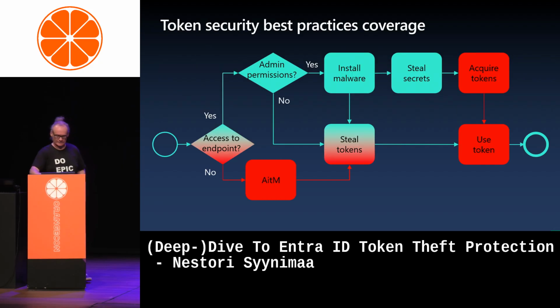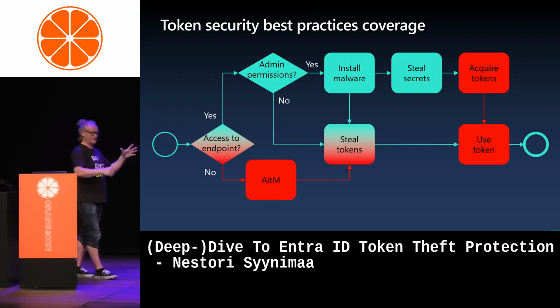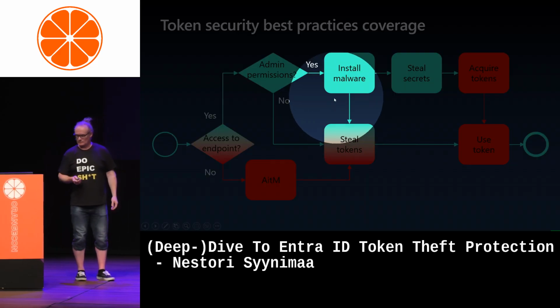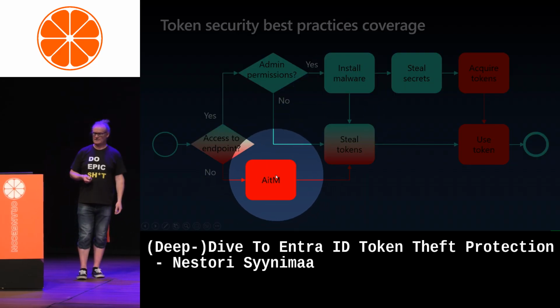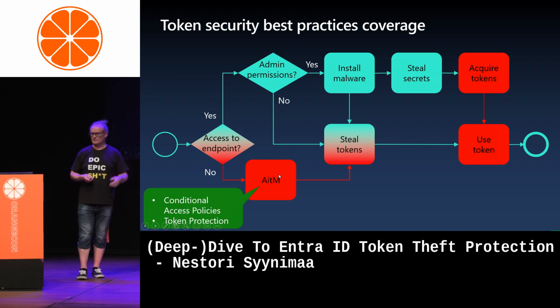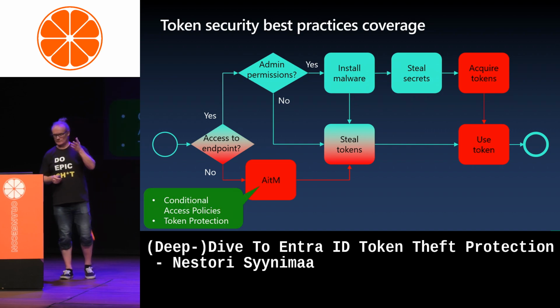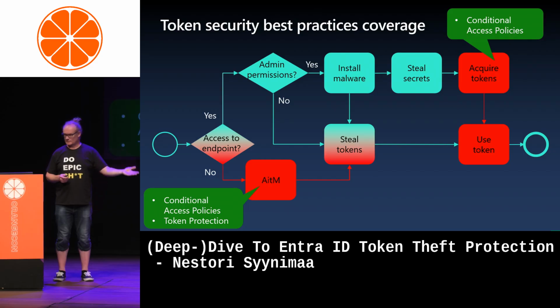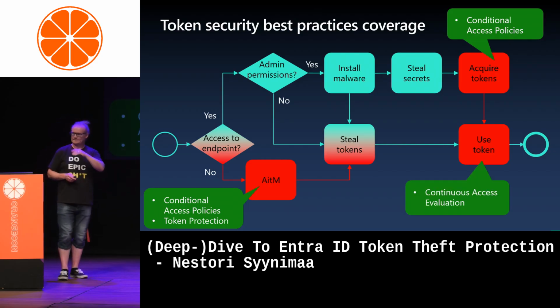So as a summary here, if you use these token security best practices, what things are covered? The adversary in the middle is pretty well covered with conditional access policies and token protection. The acquired token, so if a threat actor is able to get your PRT, you can block that.